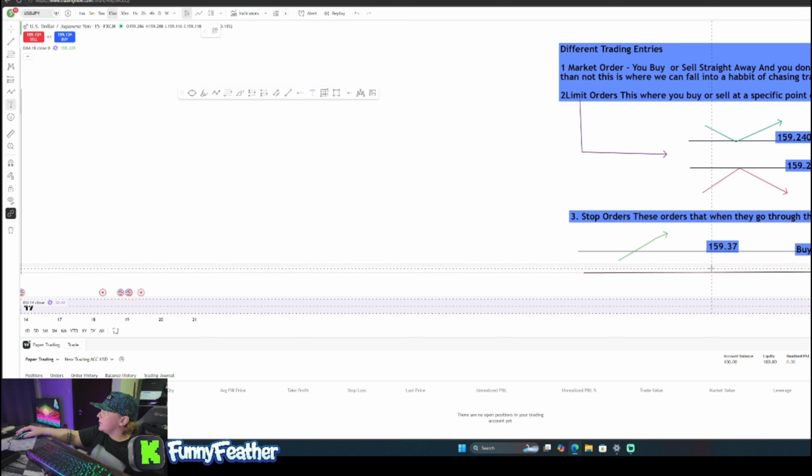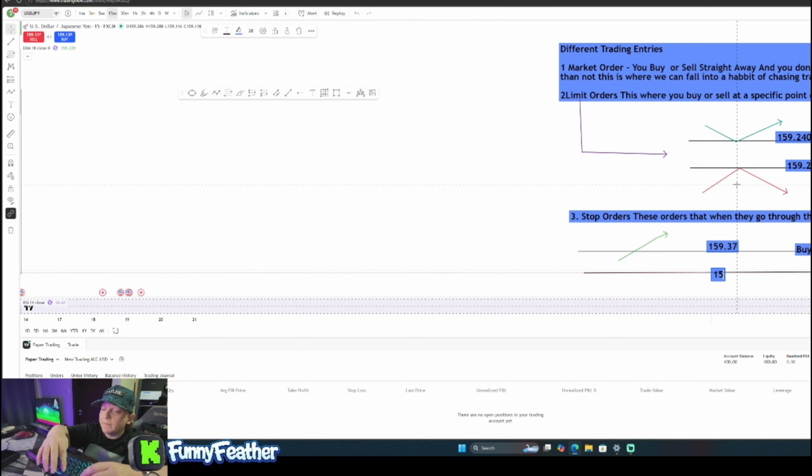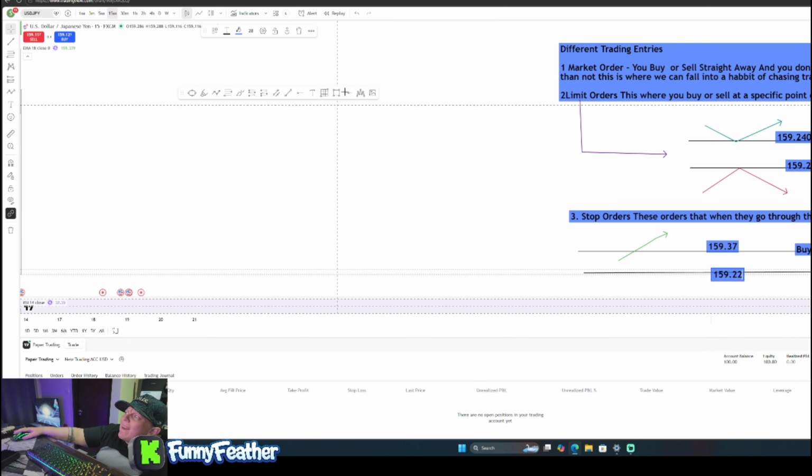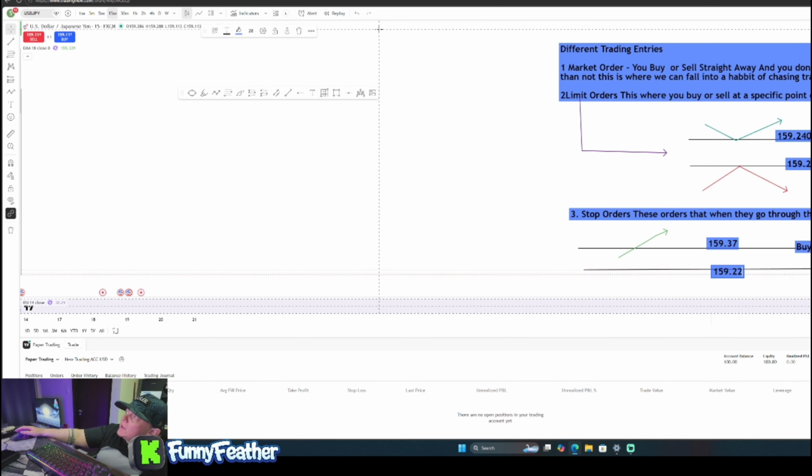What is the price? The price is 159.22. So this is a buy stop order? No, this is a sell stop order. This is a sell stop order.